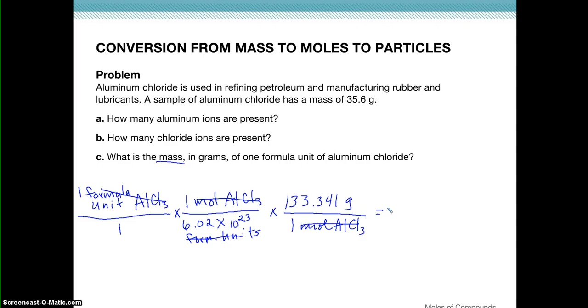That's it. 1 aluminum ion, 3 chloride ions, all bonded together. That's what we're going to get the mass of. And it should be a very small number because we're dividing by Avogadro's number. So when we look at our answer, we want 2.21 times 10 to the negative 22 grams. That's going to be your final answer. That is the mass of 1 formula unit of aluminum chloride.